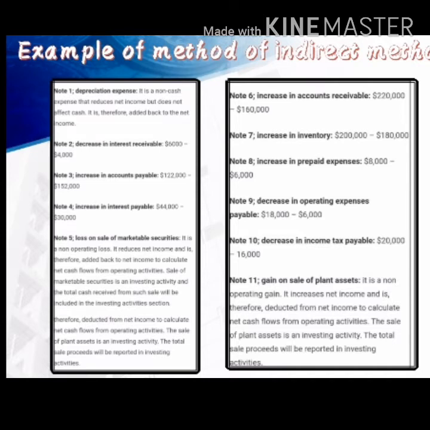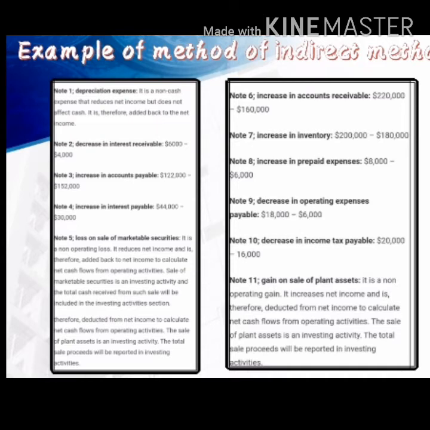So next, number 3 is the increase in accounts payable. Accounts payable is under the current liabilities on the balance sheet of the XYZ company.